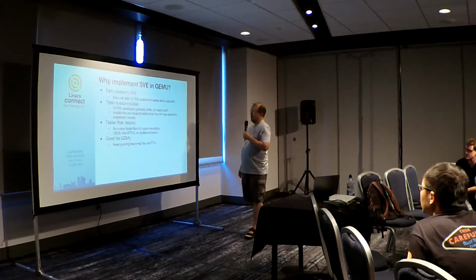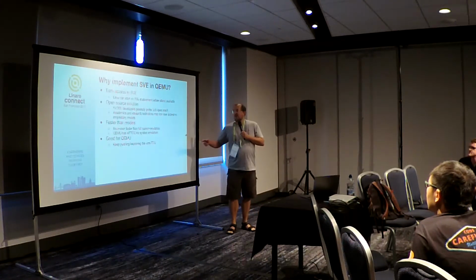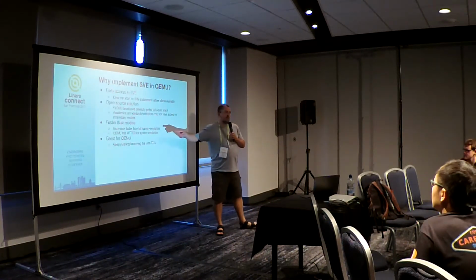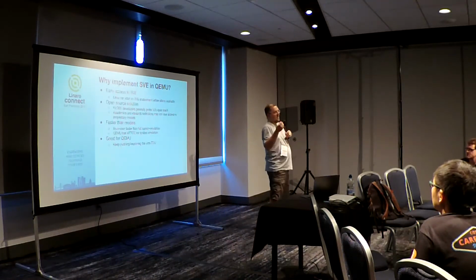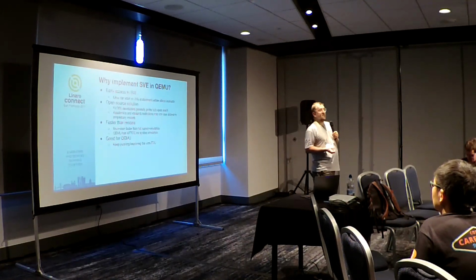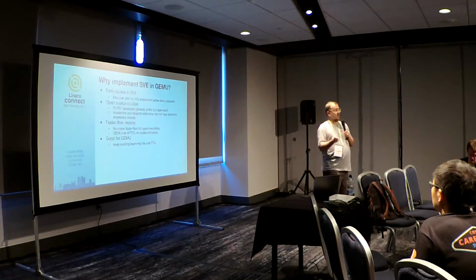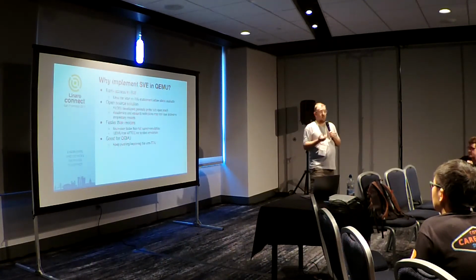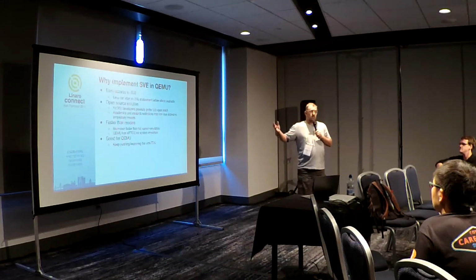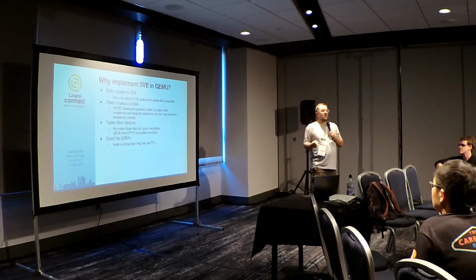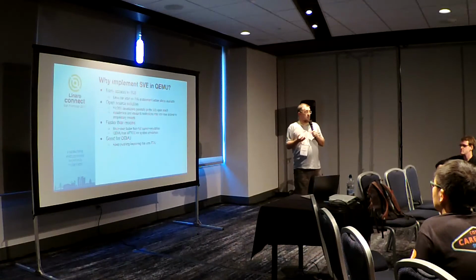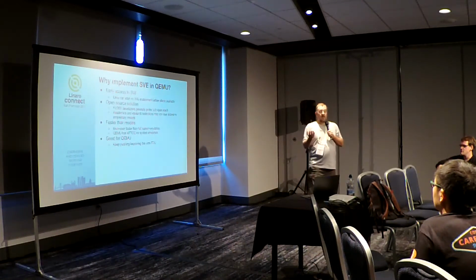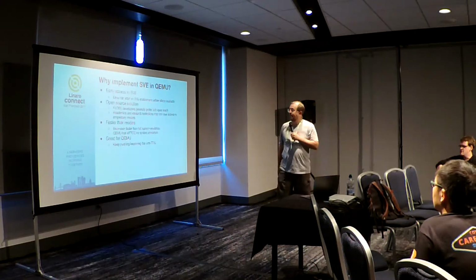Another reason, QEMU is faster than the model. Certainly if you're using Linux user emulation, because you don't have the overhead of emulating a full system with an MMU and everything, you can actually run code quite quickly. But even if you have to do full system emulation, QEMU also has a multi-threaded TCG now, so it can use multiple cores on your processor for the emulation, again, faster than the model.